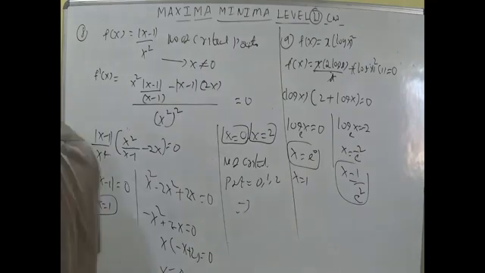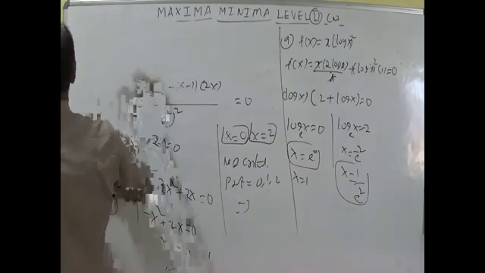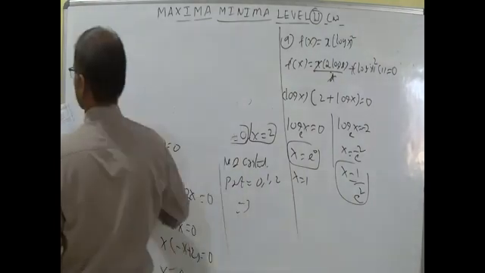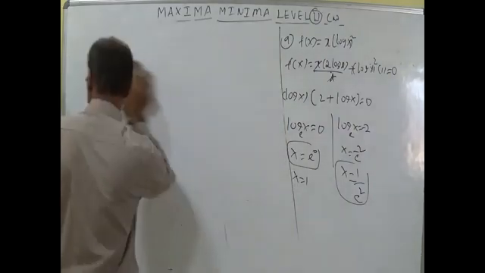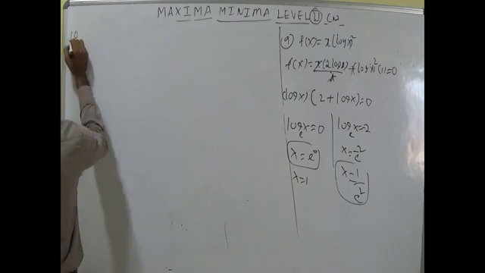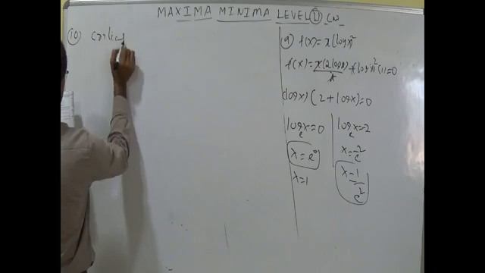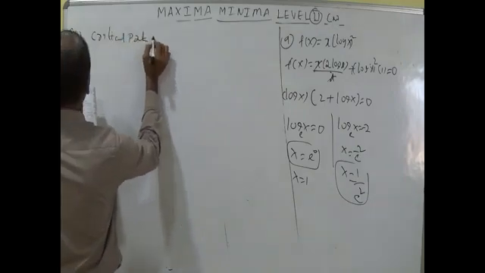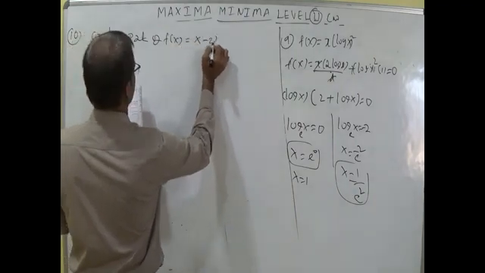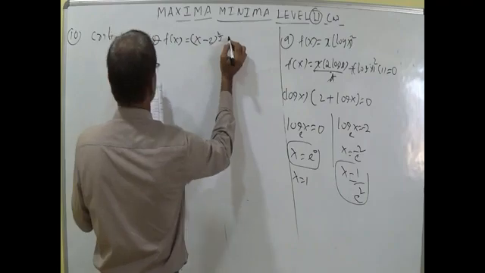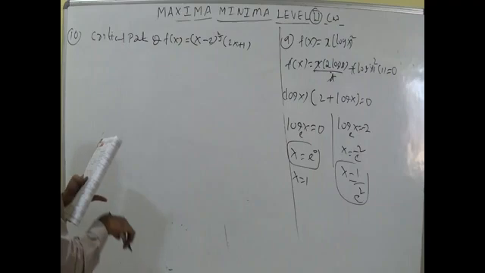10th question: the critical points of the function f(x) = (x - 2)^(2/3) (2x + 1) are given.